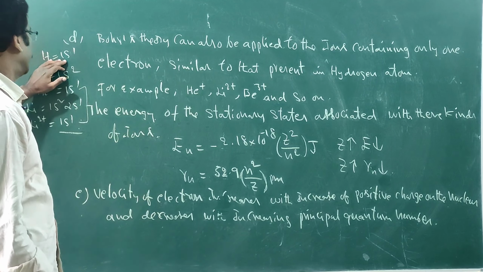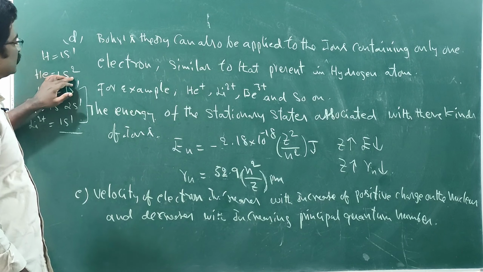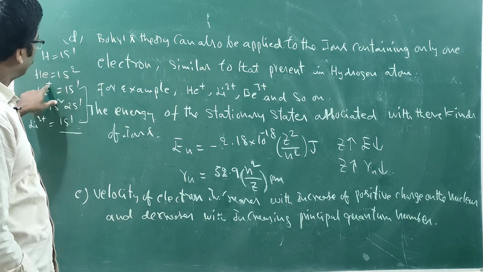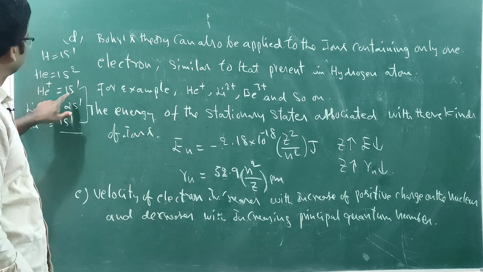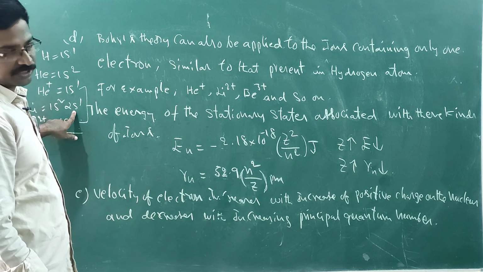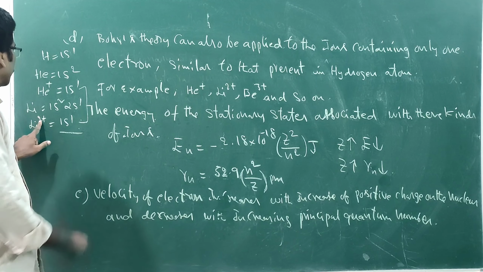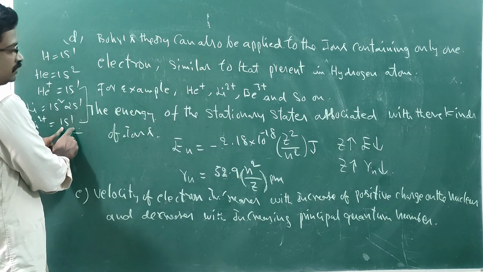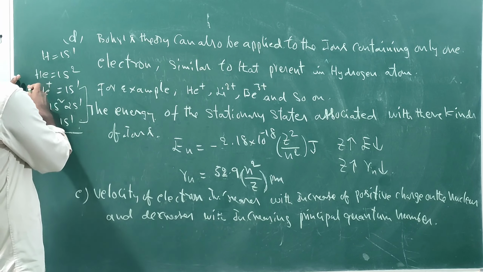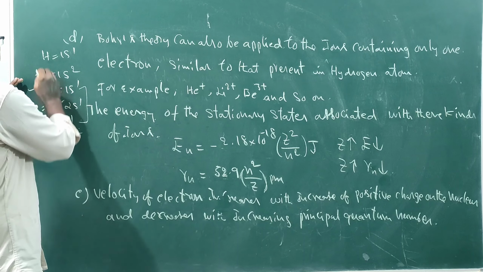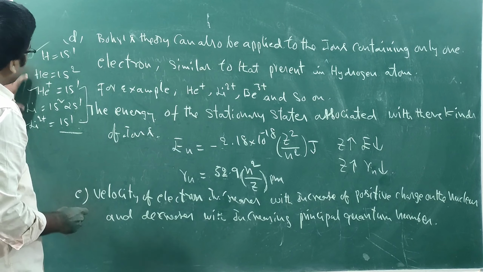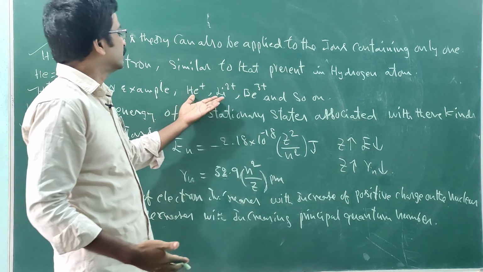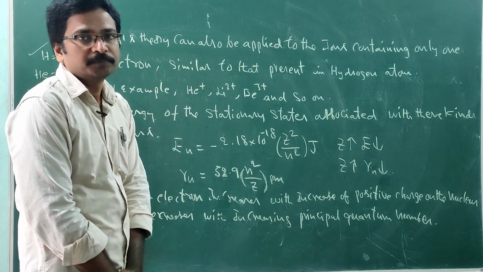Helium has 2 electrons, so helium plus contains only one electron. Lithium 2 plus means after removing 2 electrons, you get one. This is why helium plus, lithium 2 plus, and hydrogen are all the same with respect to having one electron. So Bohr theory is applicable to these species also.